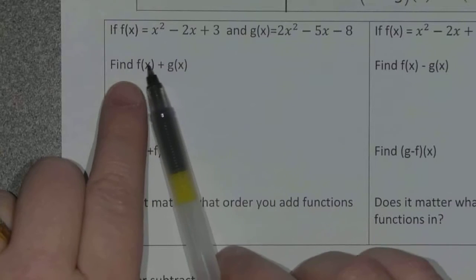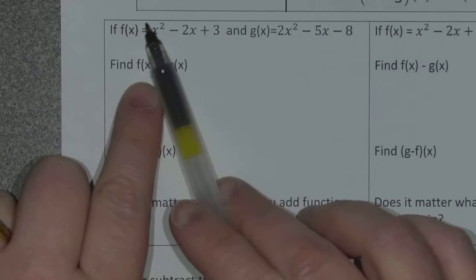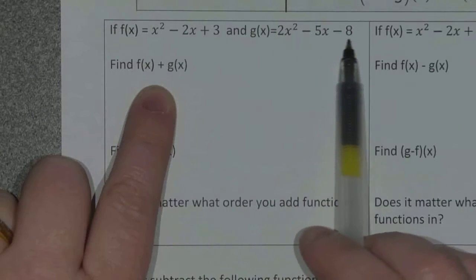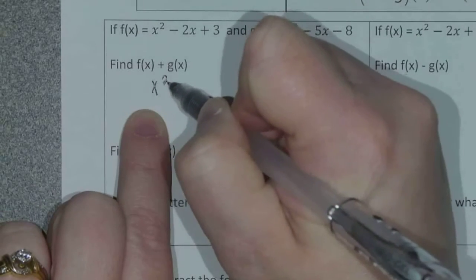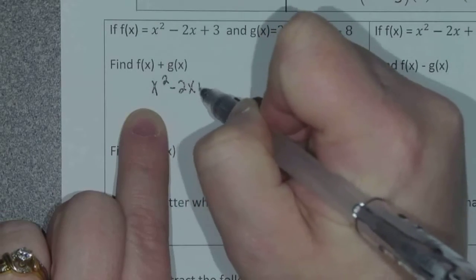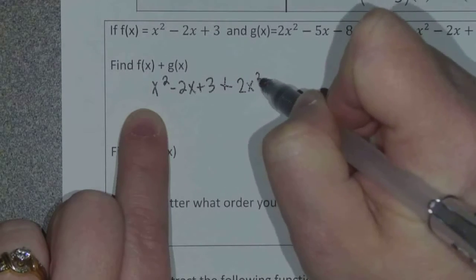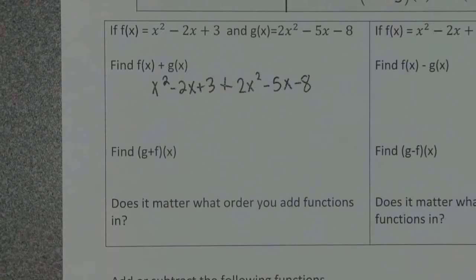So what we're going to do is take this whole function that's called f of x, and add it to this whole function that's called g of x. Okay? So we're actually going to take that x squared minus 2x plus 3, and add to that the 2x squared minus 5x minus 8. And we're just going to combine those together.